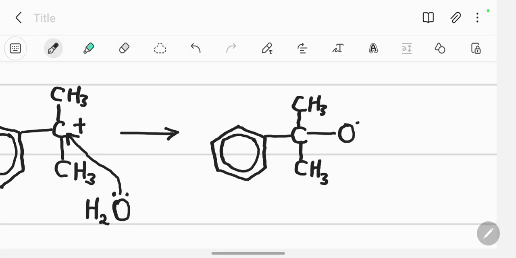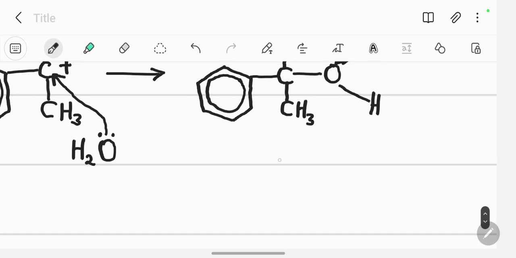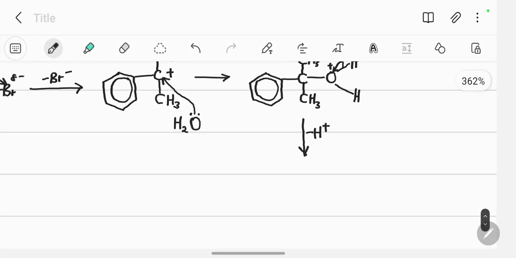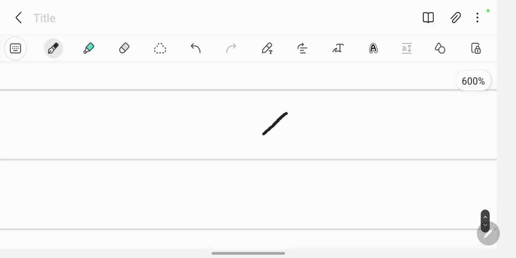Now oxygen is having excess bonds. It gains a positive charge. In order to neutralize this charge, we break off that hydrogen there, and we shall end up with a loss of hydrogen, and our benzene ring.